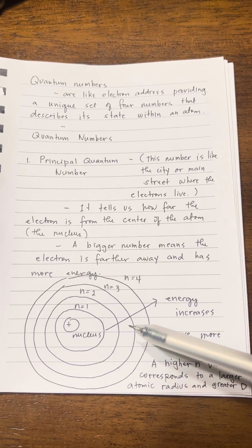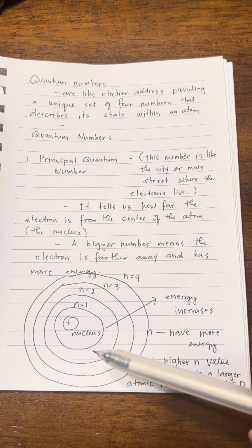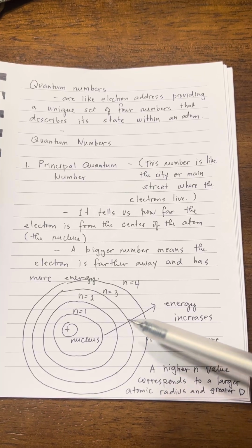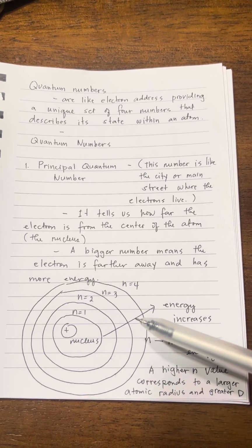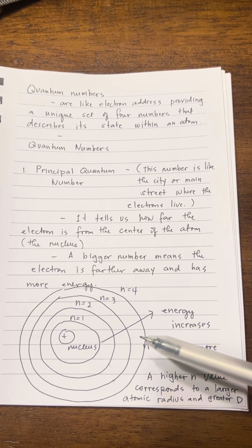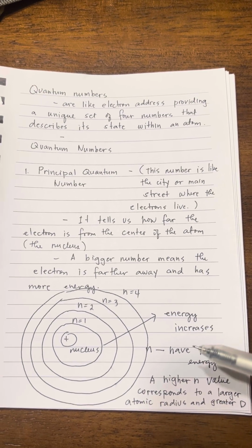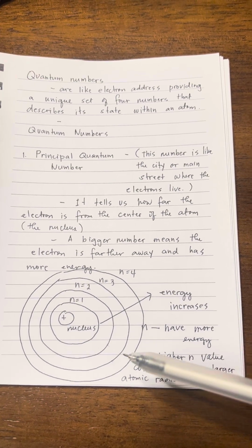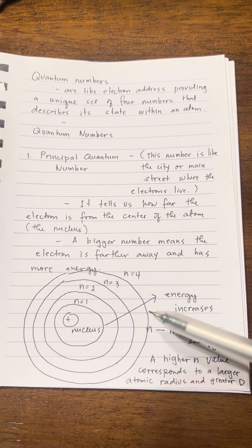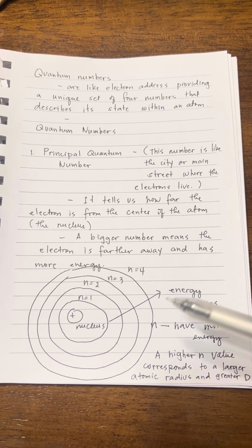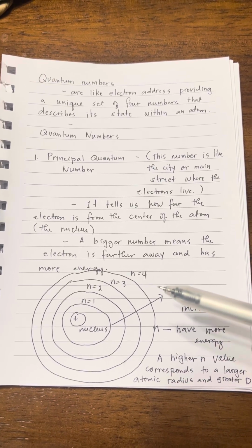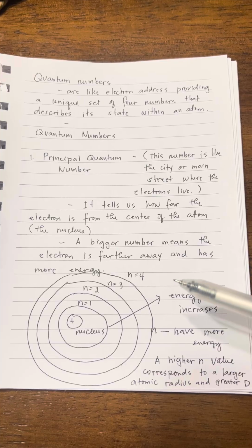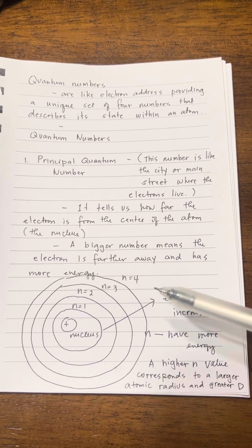The same thing with this energy level. So the further the electron is from the nucleus, the higher the energy. It has more energy if the electron is in this position. A higher N value corresponds to a larger atomic radius and greater distance from the nucleus.